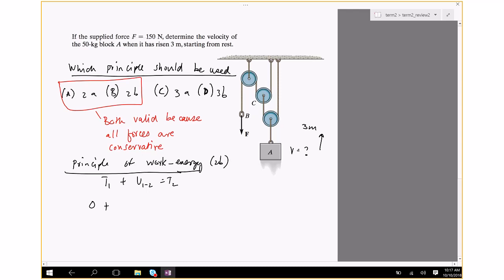Again, the initial kinetic energy is 0. The final kinetic energy is half m v2 squared. We just have to find the work done by the forces. In this case, the forces are U due to F, and then U due to gravity.